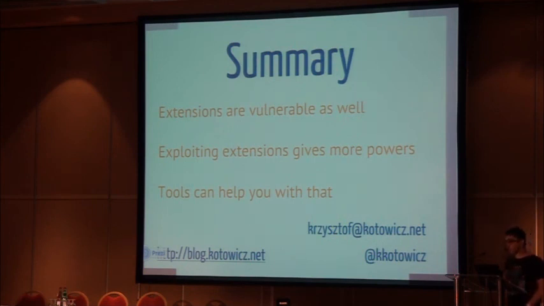And when you exploit an extension, you get so much more possibilities that there's actually no point in exploiting simple websites when you get so much power from exploiting something else which is commonly installed. And of course, there are tools that can help you with exploiting extensions. And that's it. Do you have any questions?